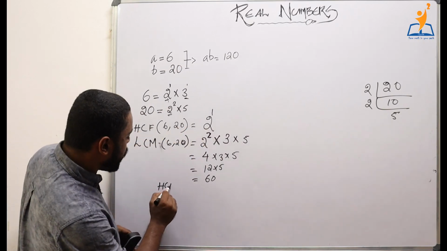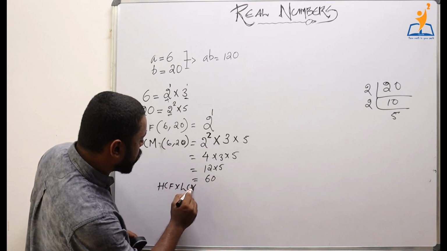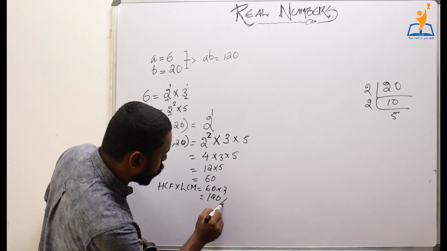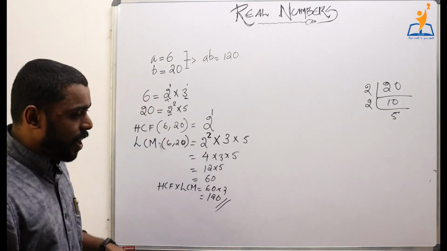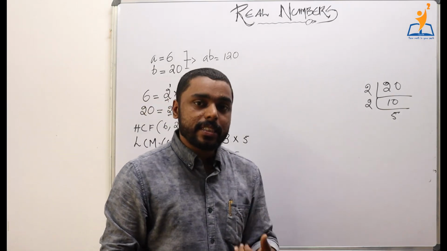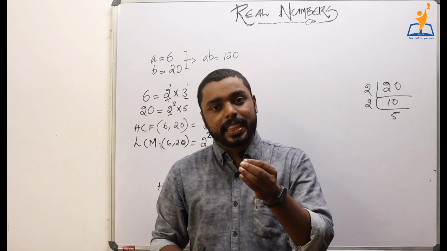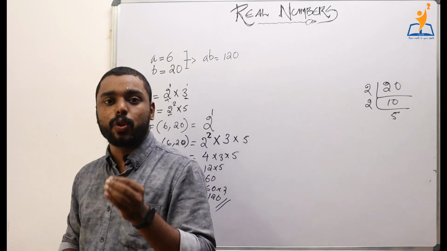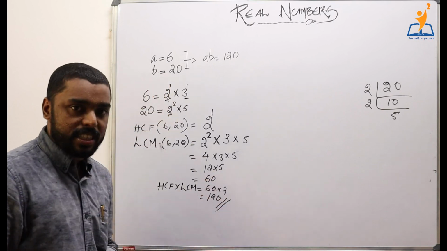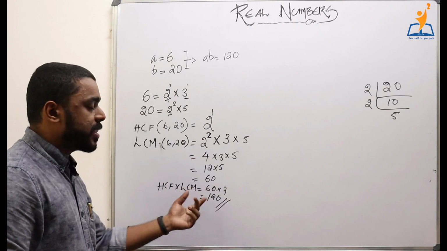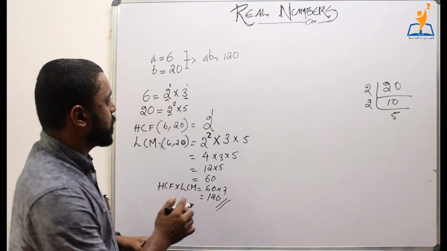Then HCF into LCM is 60 into 2, equal to 120 also. Hence, whenever we are asked to find the HCF and LCM of any two numbers, we can easily obtain them by the prime factorization method, and the product of HCF and LCM gives the product of the numbers.